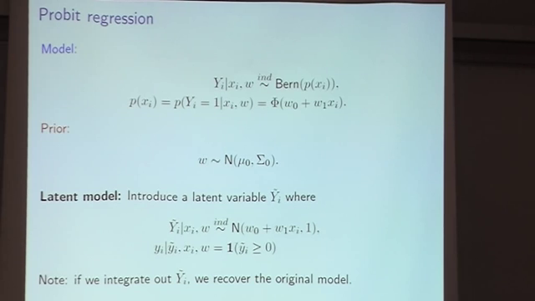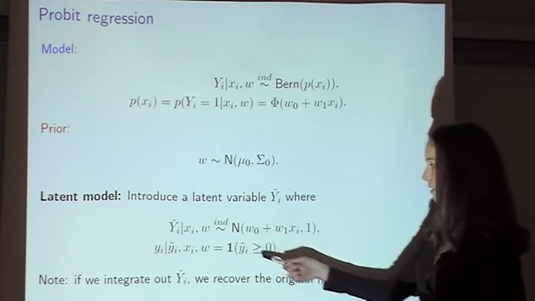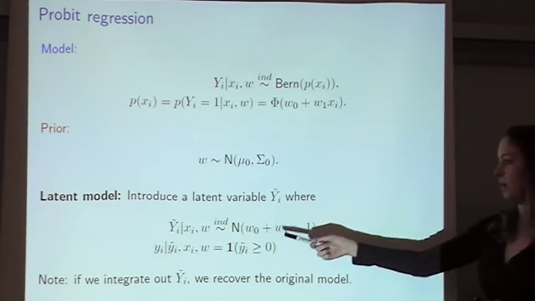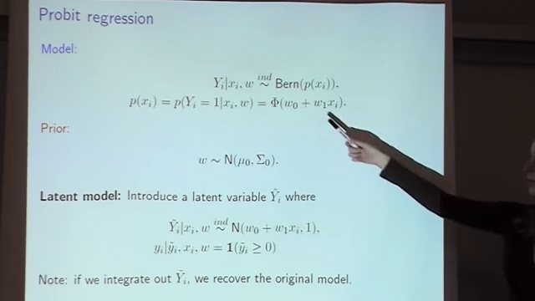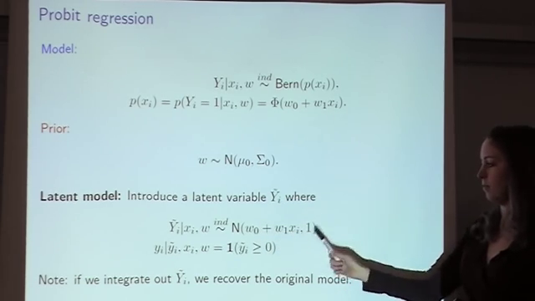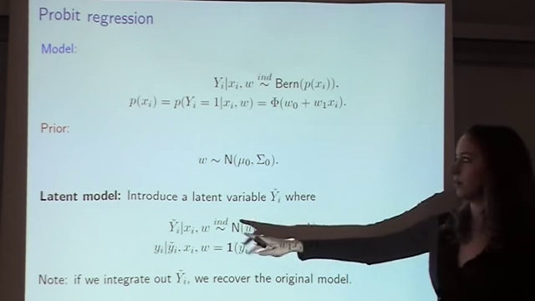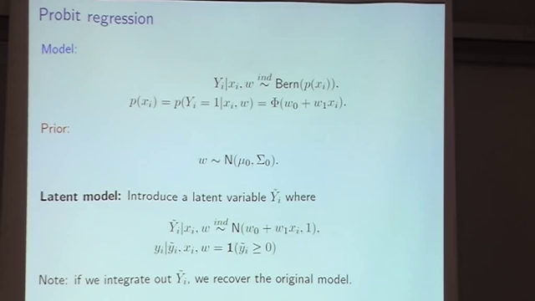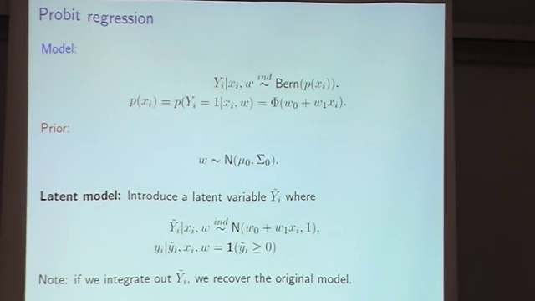Now, an alternative representation of this model is by introducing a latent variable yi tilde. So if yi tilde given x and w are independent, normally distributed with this mean, so this is just the linear function and unit variance, and we just set our observed values of y to the indicator that our yi tilde is bigger than 0.